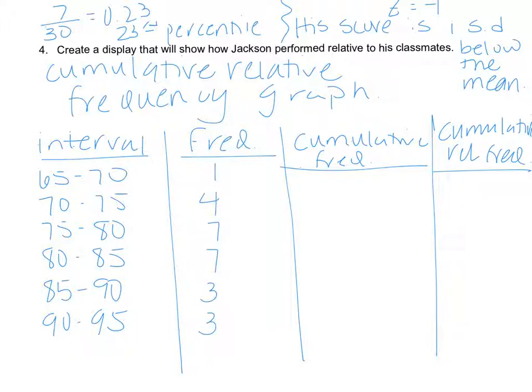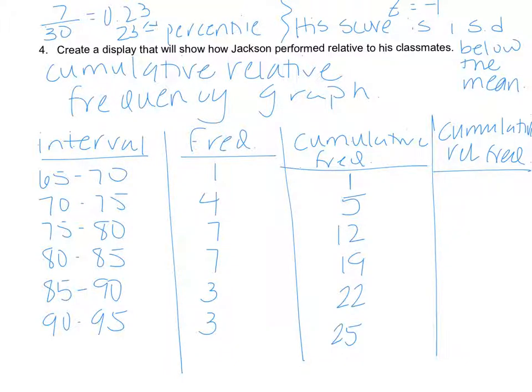All right, and so the cumulative frequency is simply the sum of that row and whatever is before it. So in the first row, there's only a value of 1. In the next row, it would be 1 plus the 4 that follow, which is 5. Then we would add 7 again, add 3, and add 25.